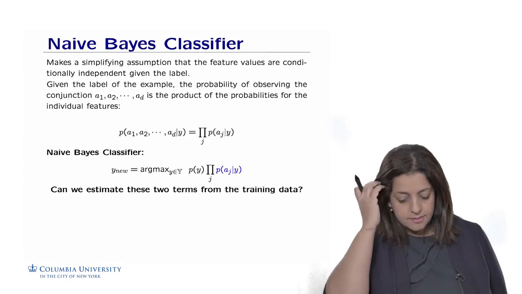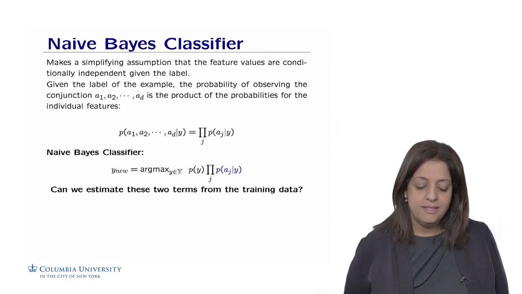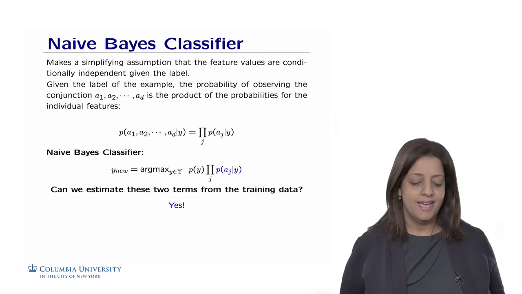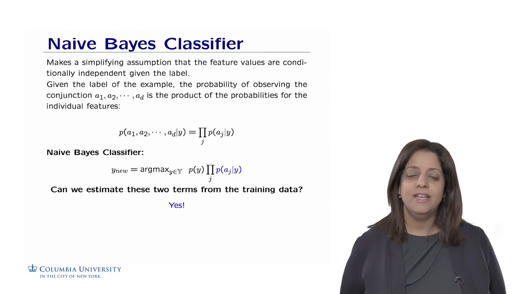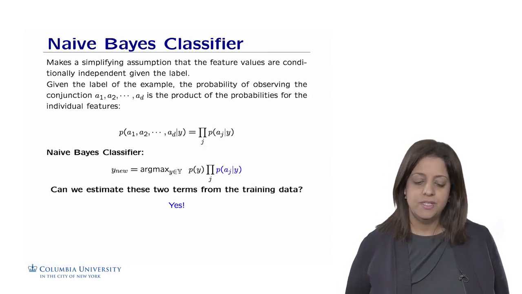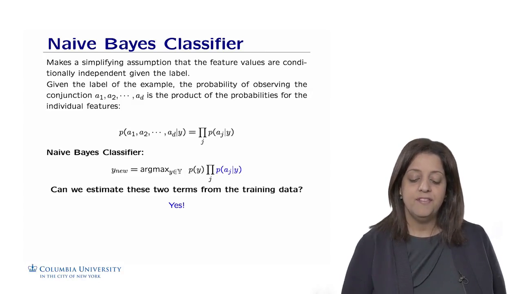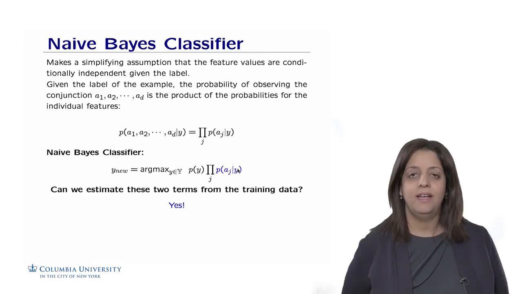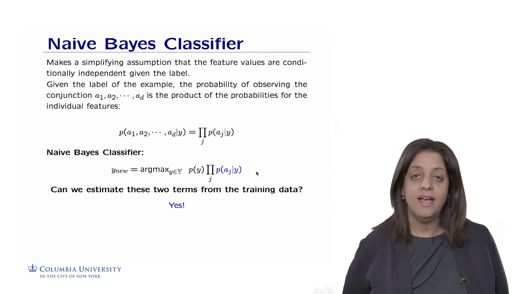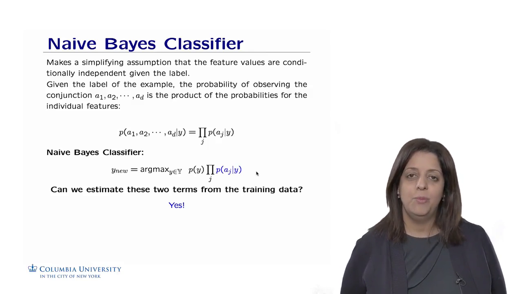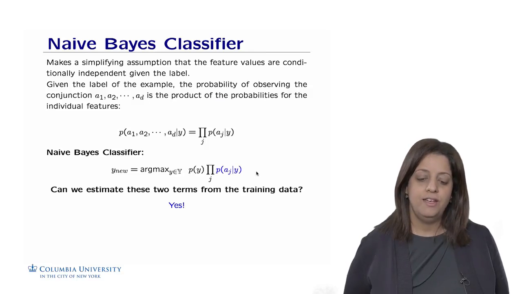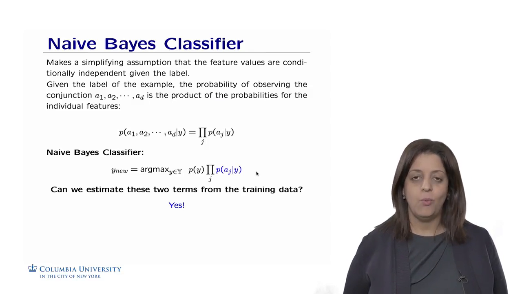Okay? So now, can we estimate these two terms from the training data? Yes. P of Y is just the frequency of each of the possible values of labels. P of AJ given Y, we could simply calculate if we have Y and AJ appearing enough, we could estimate the probability of the feature value being equal to AJ, given that we observe the label Y.